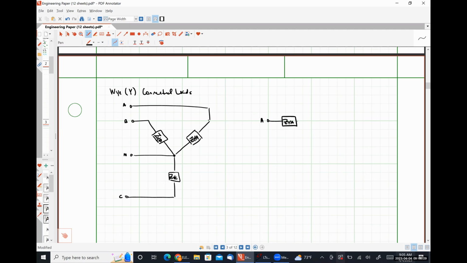Drawing it in the way that I prefer, you have ZYA, ZYB, ZYC. There's my neutral terminal. So somebody tell me what my phase voltages are going to be.